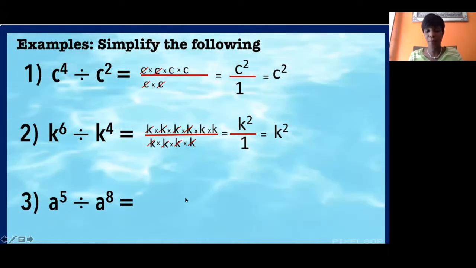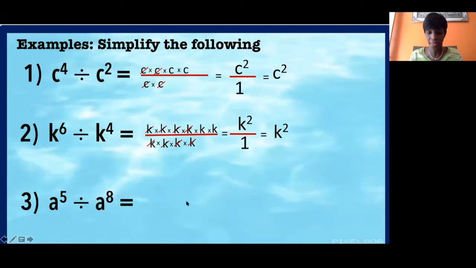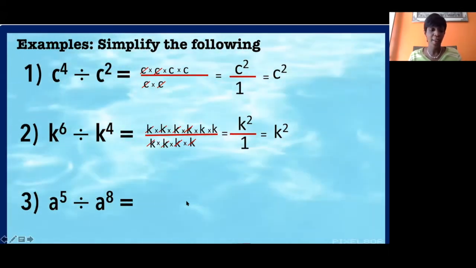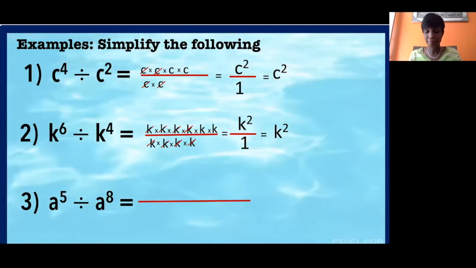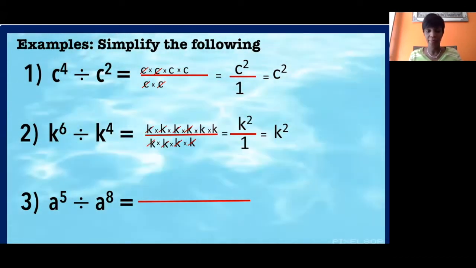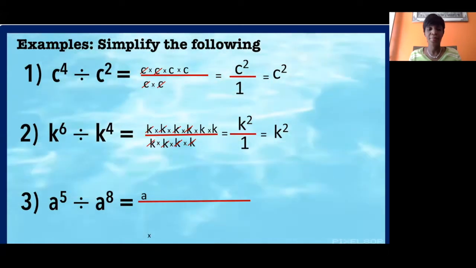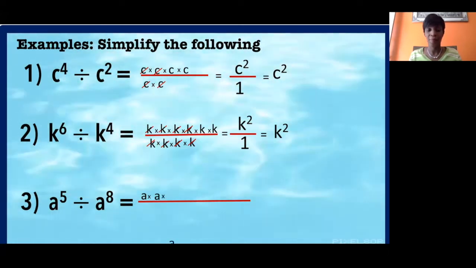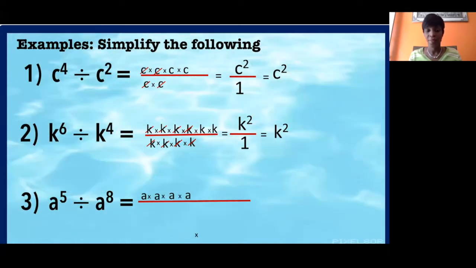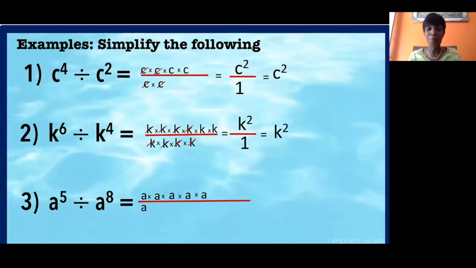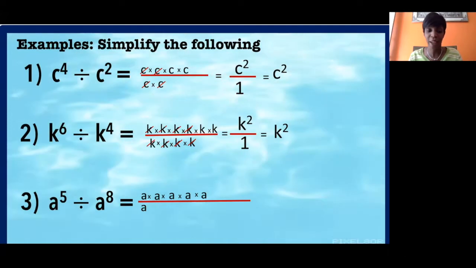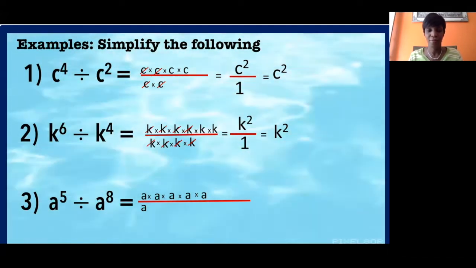So first we set up as a fraction. So let's go with our fraction line. So we're going to have our line first. Now, A to the 5th power means we have how many A's? A times A times A times A times A. Now remember, always make sure to count, because sometimes in writing, you just write and write and write, you may miscount.